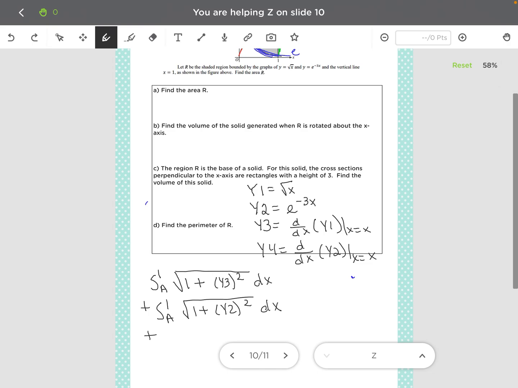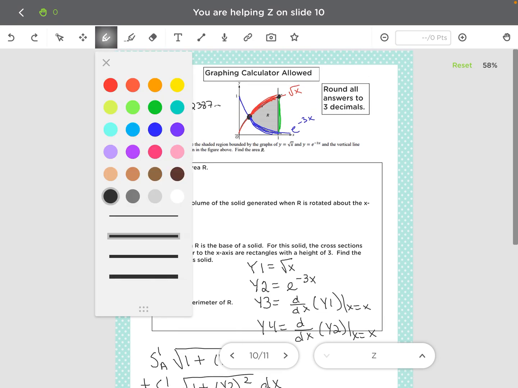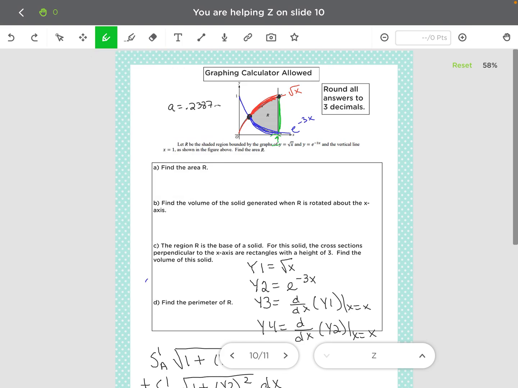And the last thing that you're going to need is the length of that straight vertical line. That's the green piece up here. That you can find numerically because if you look at the graph, I know this is exactly x equals 1. So I just need to find the distance from the top, the red graph, to the blue graph down at the bottom.